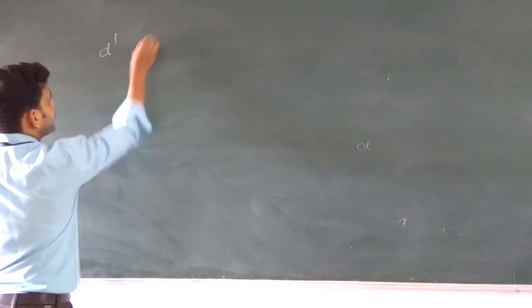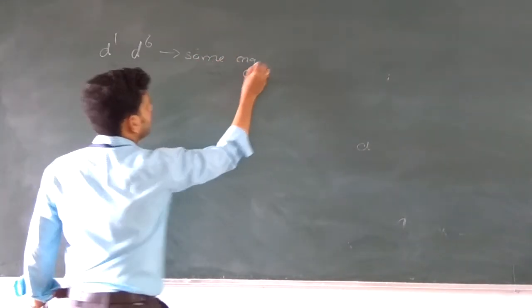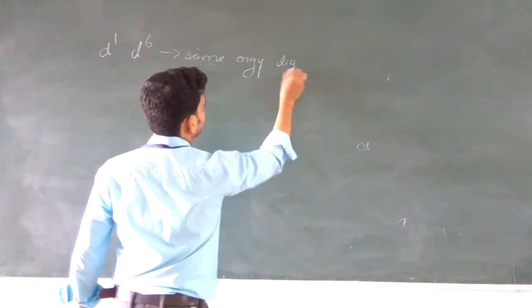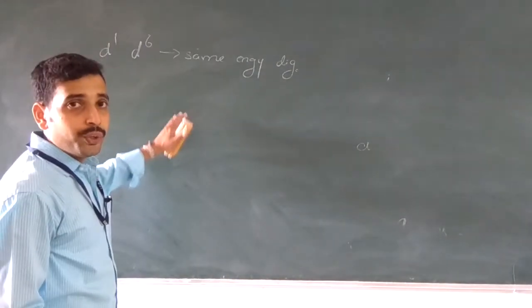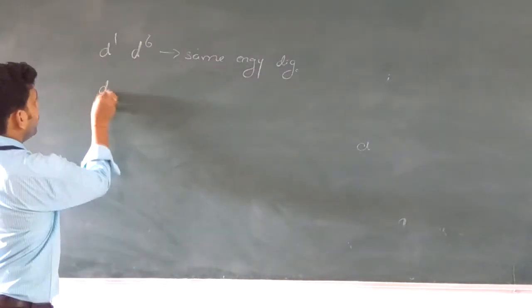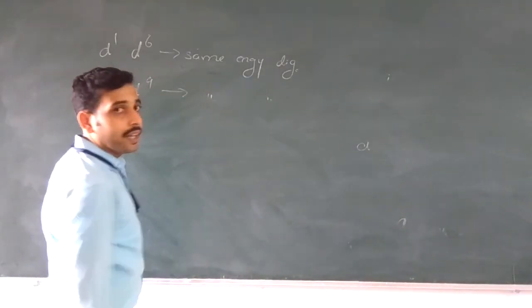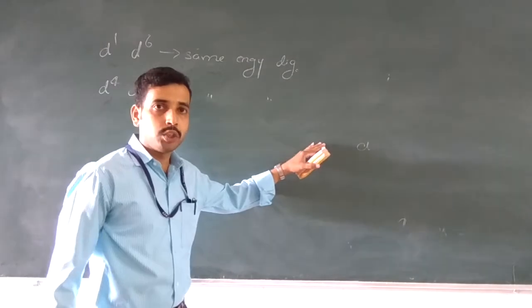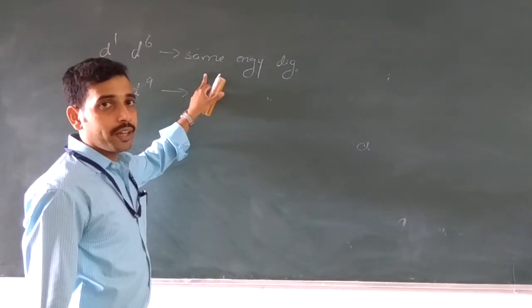D1, D6 systems have the same energy diagram. I highlight the formula from the 1 to 9 systems. Then D4, D9 have the same energy diagram, both in octahedral geometry and tetrahedral geometry. Means D1, D6 of octahedral have the same energy diagram.